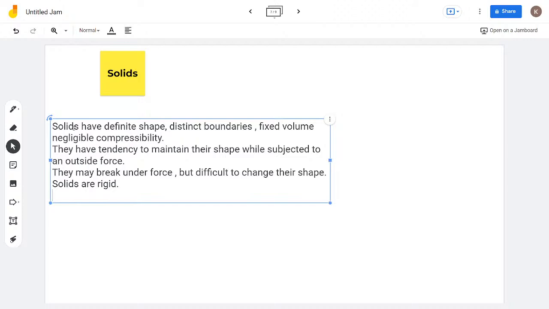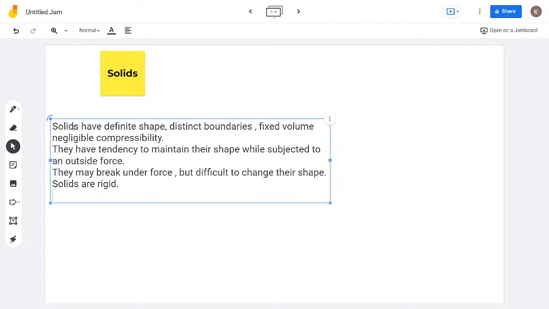Let's consider, what about a rubber band? Can it change its shape on stretching? So, is it a solid? We know that a rubber band's shape is easily changed when we stretch it. So actually, it is a solid, because when we stretch it, it does change, but when we release it, it again comes back to its regular shape.